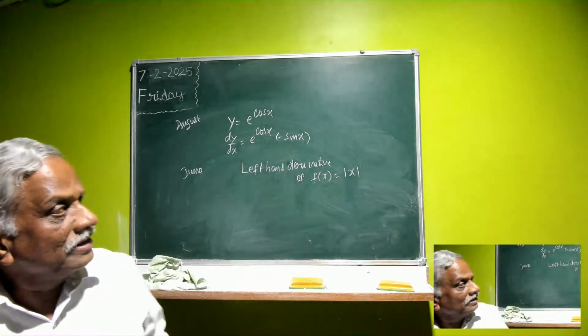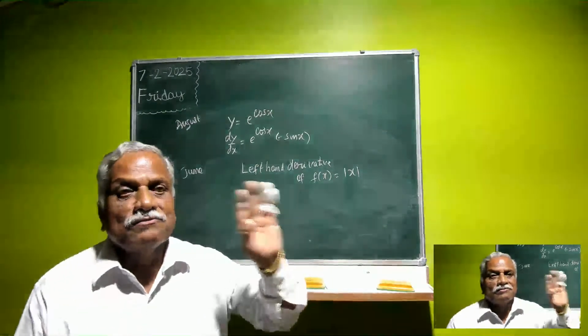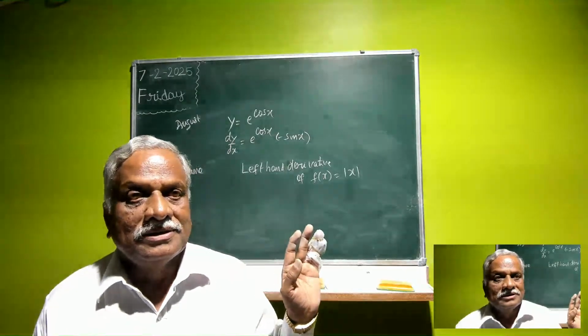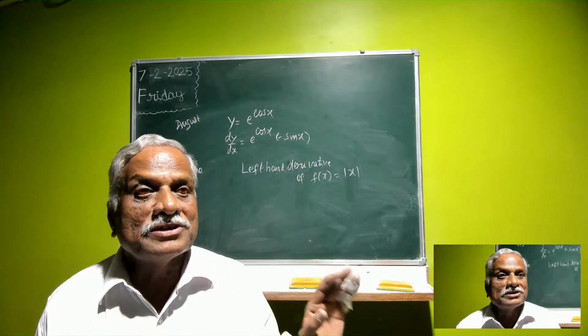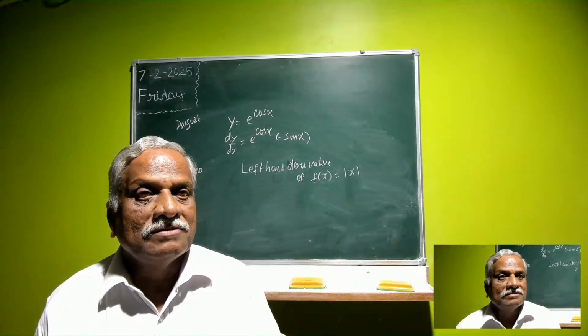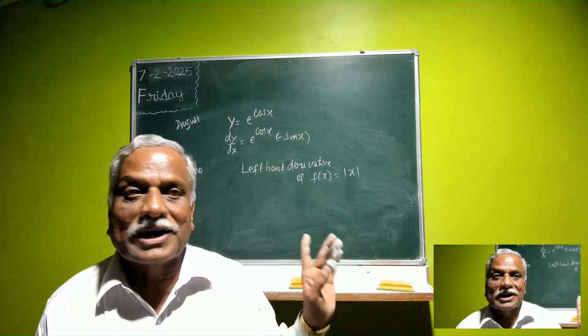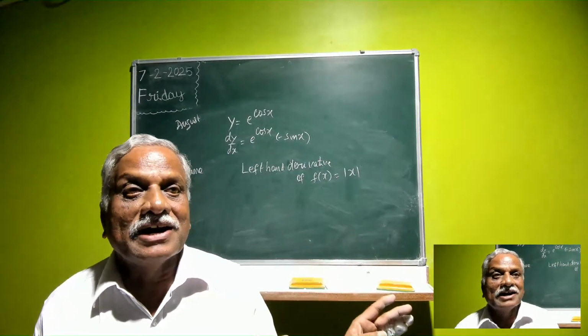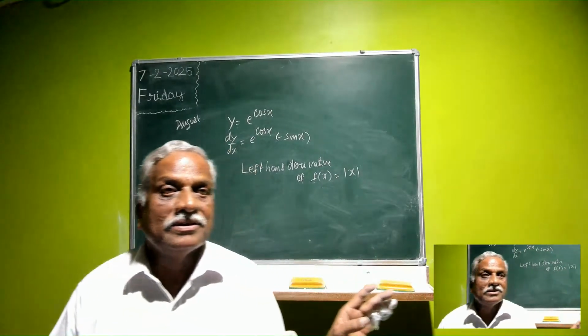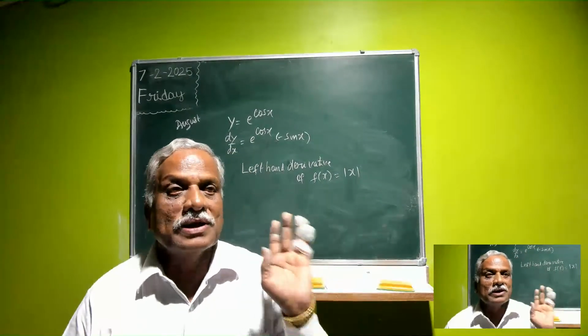So here they have given 4 options. You should remember which functions are not differentiable. That list I am going to give you. One of them is mod x. You know why? When you take the left hand derivative, you get -1.